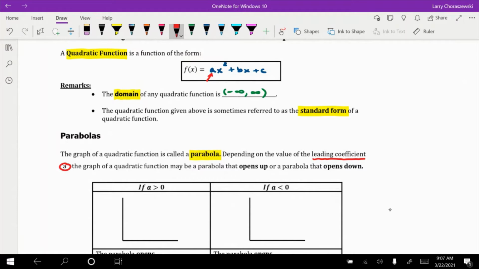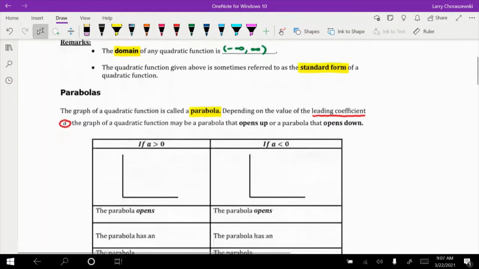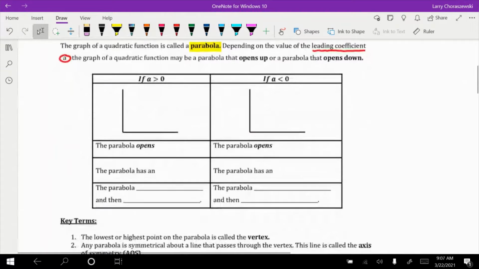So this number a is going to tell us the direction in which the parabola faces, or a different way of saying faces is the direction in which the parabola is opening. A parabola can either open up or open down, and that will depend on the value of a, specifically whether it's positive or negative.